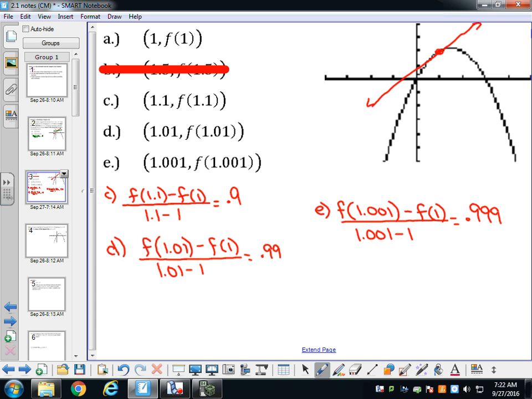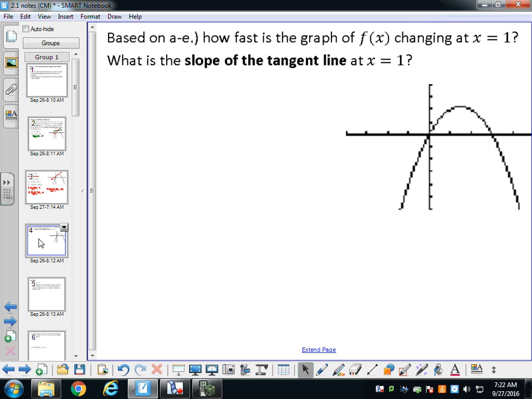So each time I'm picking specific x values, getting closer and closer to the x value that I'm concerned with, because I actually want to find the slope of that line. Based off of these calculations, as I keep getting closer and closer to 1, what do you estimate the slope of my tangent line at x equals 1 is going to be? I'll draw it in again.